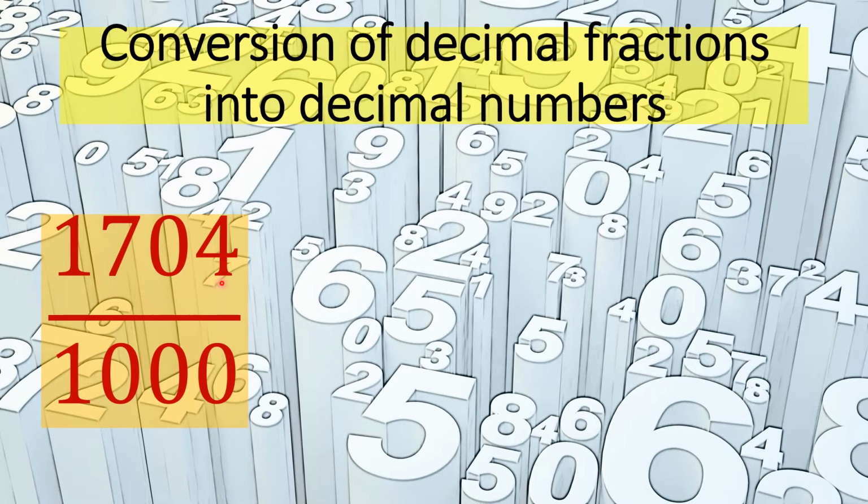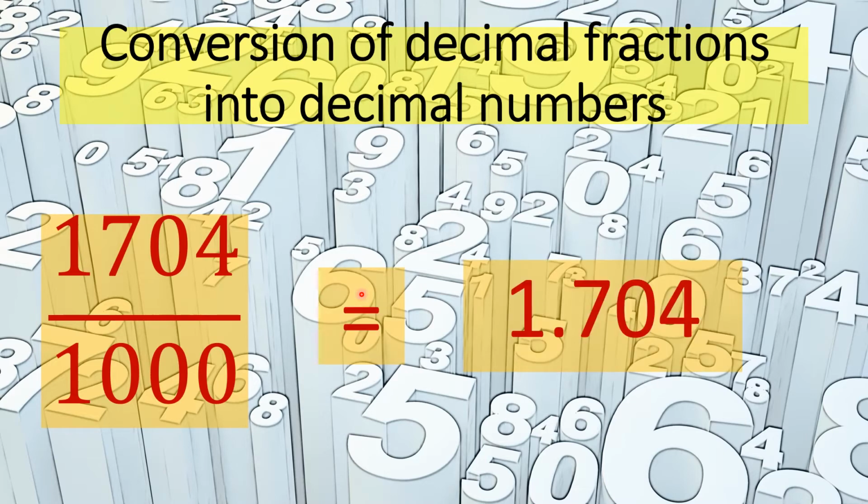So we will count 3 digits from the ones place. So this is 1, 2 and 3. So after 7 we will put the decimal point. It means in between 1 and 7. So our decimal number will be 1.704.